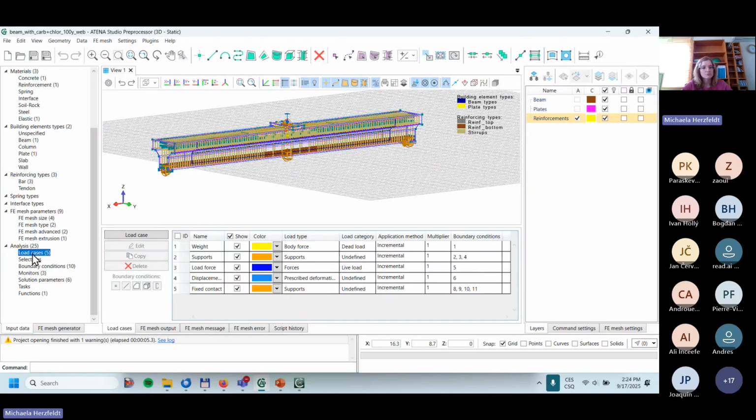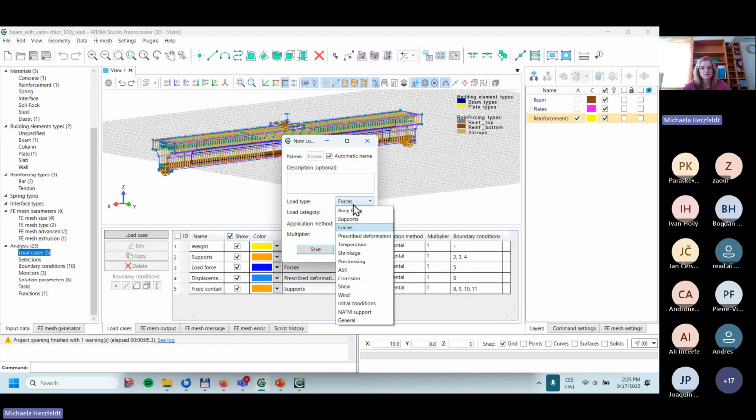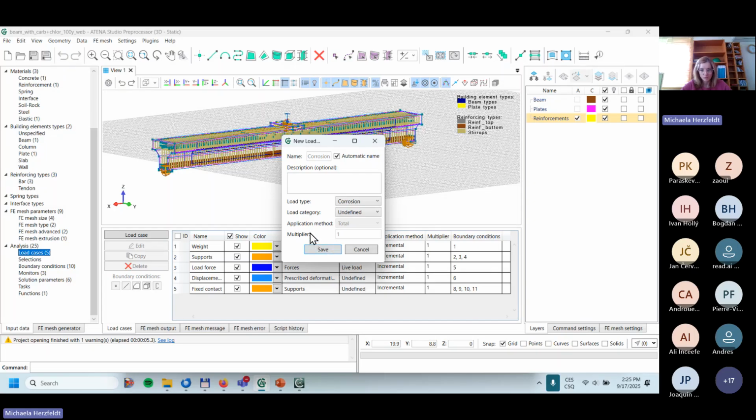So we need to start with defining the load case, because there are some load cases, but there is not a load case that is specific for corrosion that you can see in here. And one thing that I would like to point out here is that you have the application method mentioned in here. In this case, it's total.